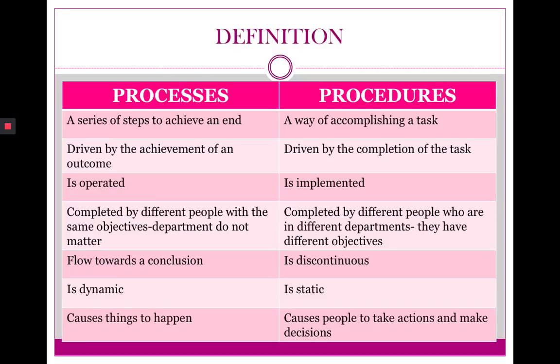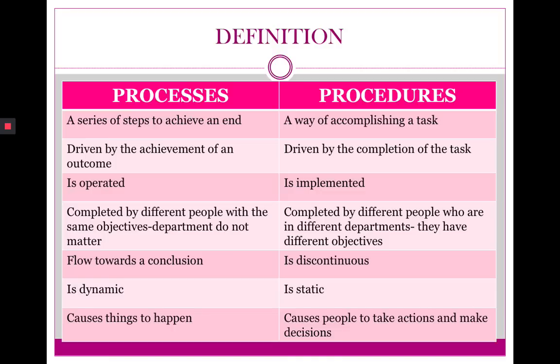So let's have a look at the differences between processes and procedures here. I think you all are clear by now. A process is a series of steps to achieve an end. So most of the time when we talk about processes, it involves things that you want to produce.